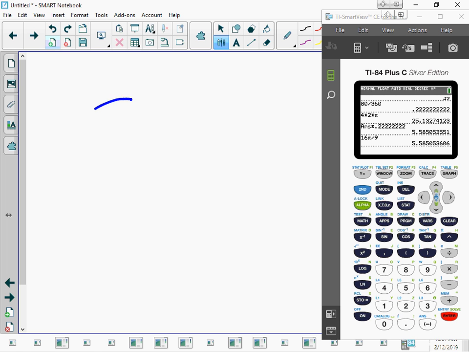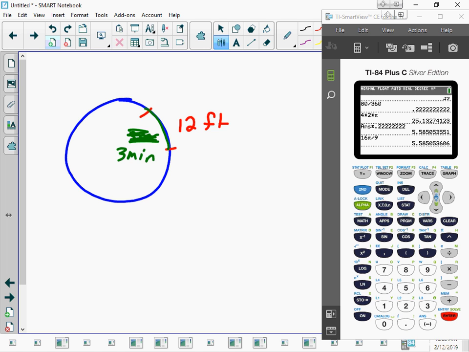So we have a circle, and we have an arc length of 12 feet. And to traverse that arc, it takes 3 seconds. 3 minutes? No, sorry. 3 minutes. Do we know how big the circle is?